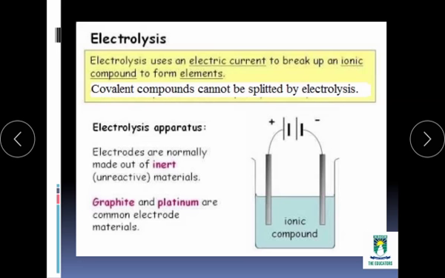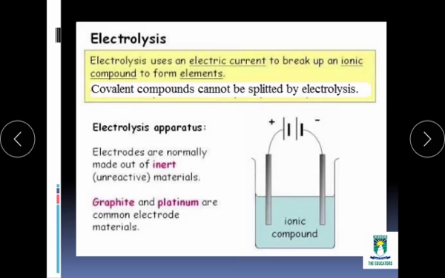Here is a term, electrolysis. What does electrolysis mean? Electrolysis is the breakdown of any substance in the presence of electricity. For electrolysis, different electrochemical cells are used. How can we define electrolysis? Electrolysis uses an electric current to break up an ionic compound to form elements.